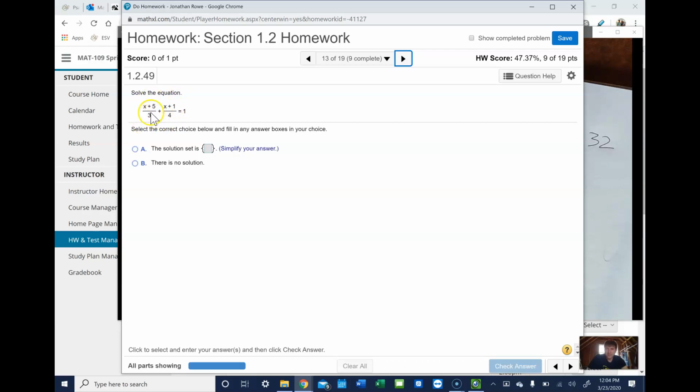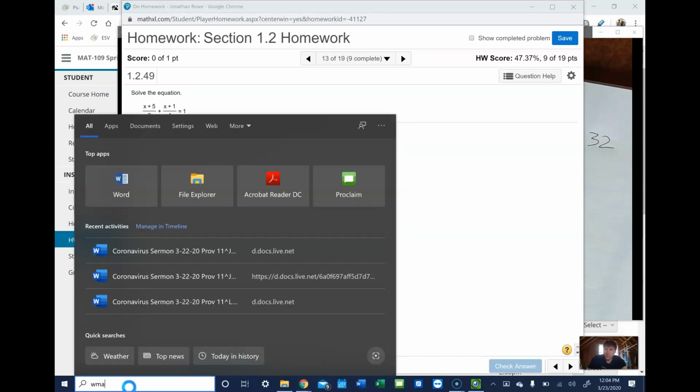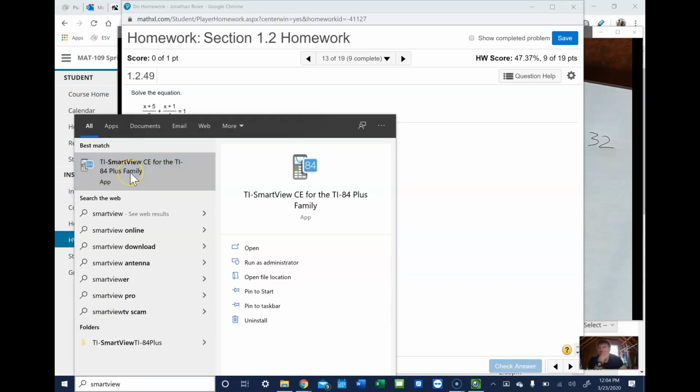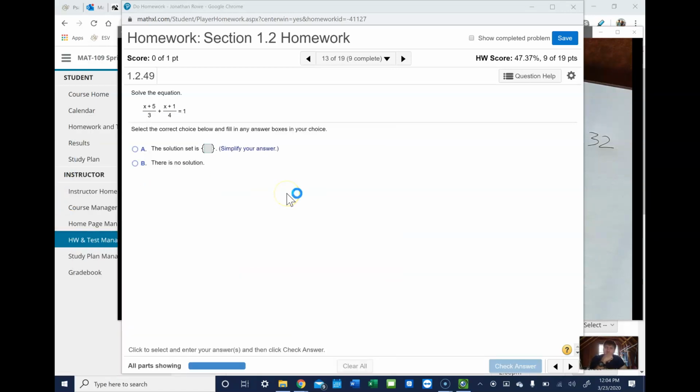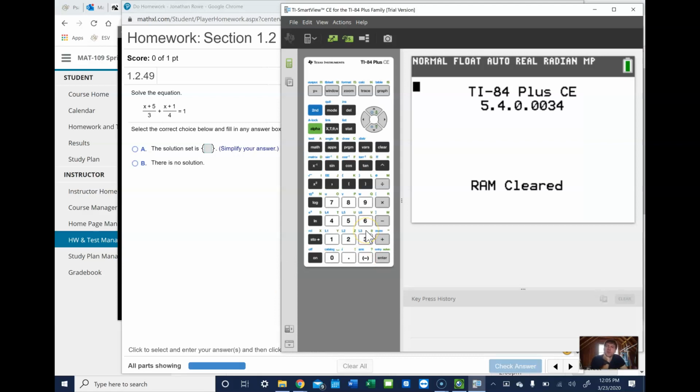but we don't have to do all that if we do it in the calculator. Just type this into the calculator. Let me show you how to type that in with a fraction. Let me see if I can pull up the Smart View. That might be better for you to see. Here's my Smart View software.